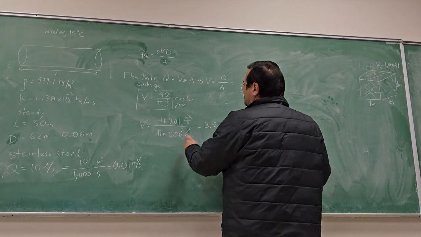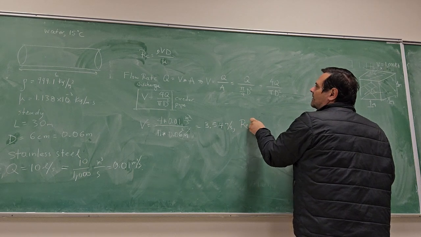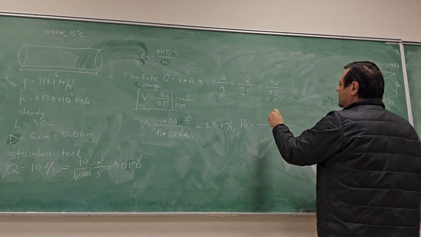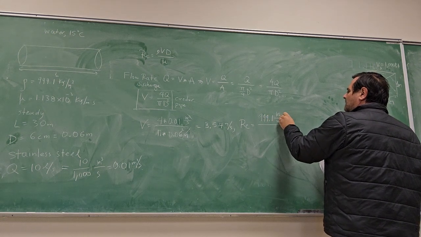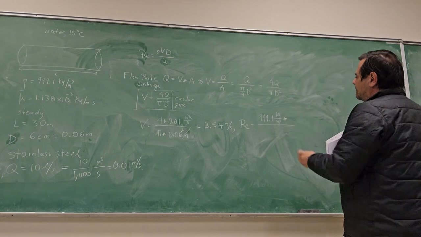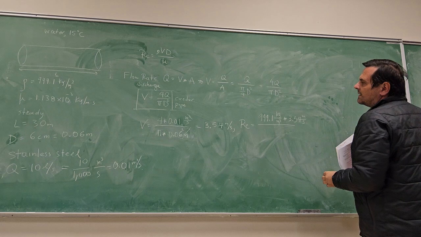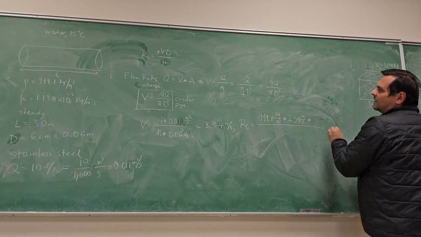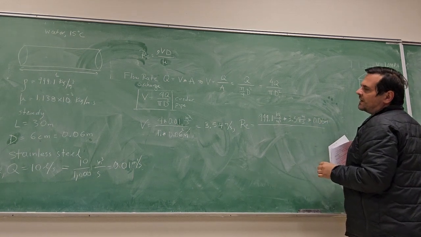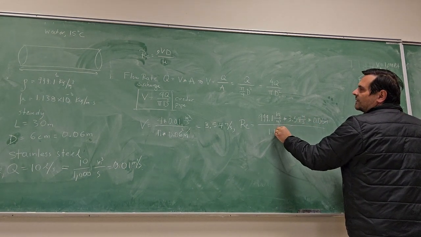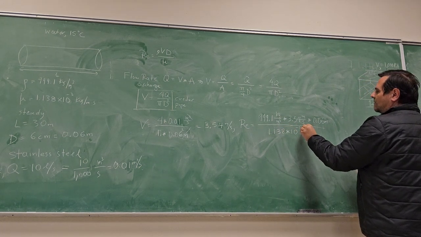So now you calculate the Reynolds number. The Reynolds number is the density of the water, which is 999.1 kilograms per cubic meter, times the speed, which is 3.54 meters per second, times the diameter of the pipe, which is 0.06 meters, divided by the dynamic viscosity, which is 1.138 times 10 to the negative 3 kilograms per meter second.